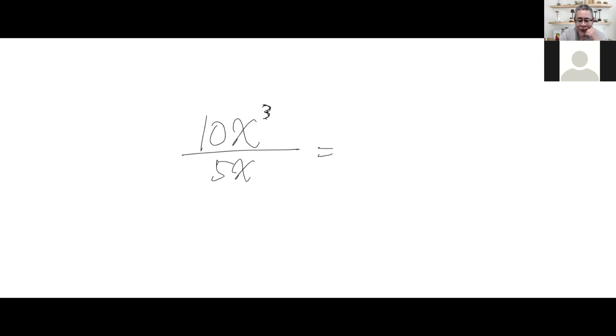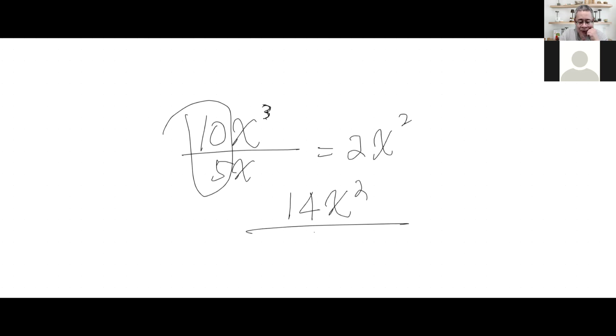Yep. So 2x squared. Now, sometimes it's not divisible. So we could have something like this, 14x squared over, say, 6x. So now 14 and 6, we know we can common factor of 2. So then we got 7 and 3. And now we got 7x squared over 3x. So we got 7x over 3. Good? Good. Okay.